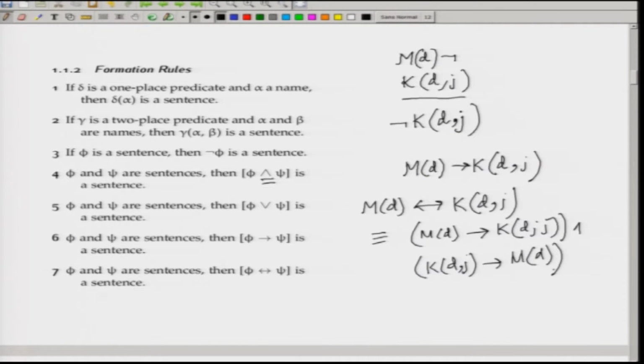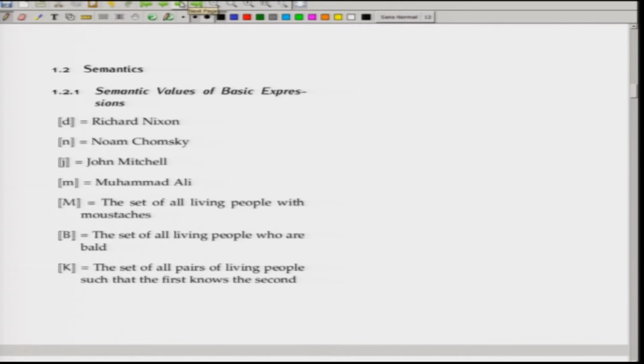So when we do the semantics, we need to have the names. The names must be having some references, that is, the names must be having denotations in the real world. So for us, according to the textbook, the reference of D is Richard Nixon, N is Noam Chomsky, J is John Mitchell, and M is Muhammad Ali.